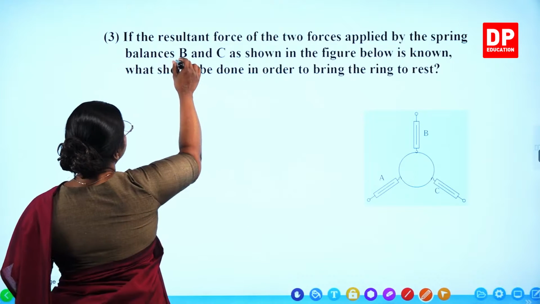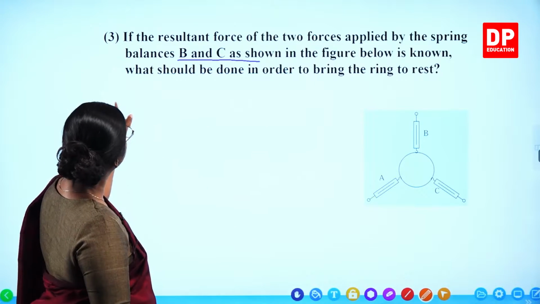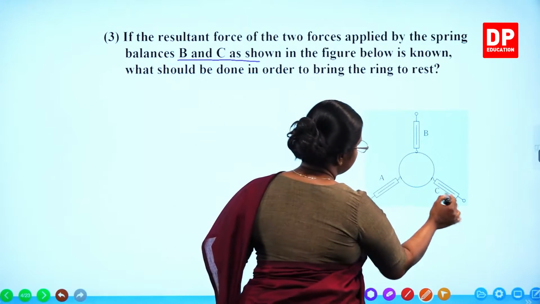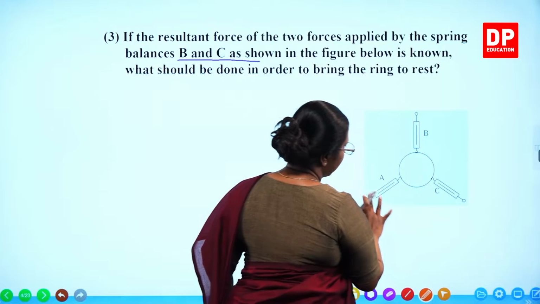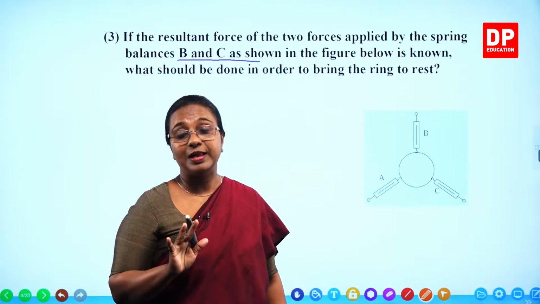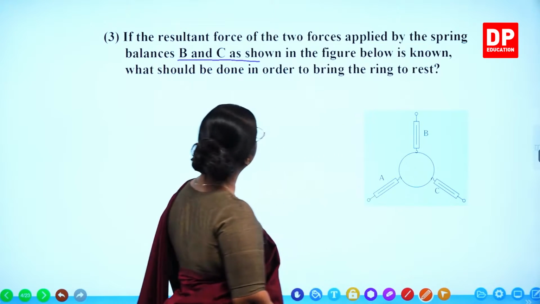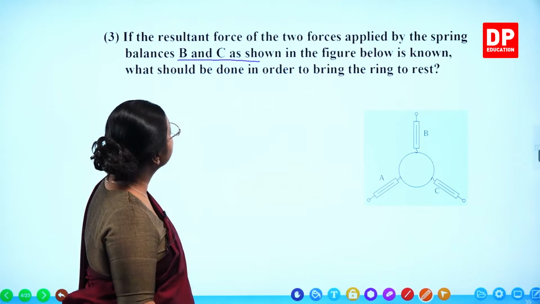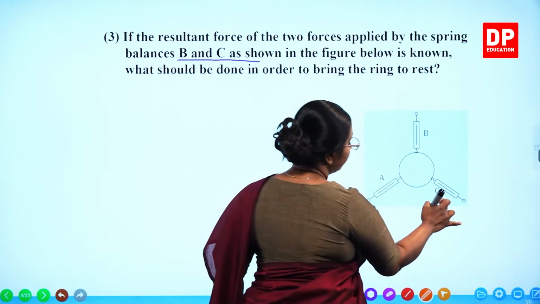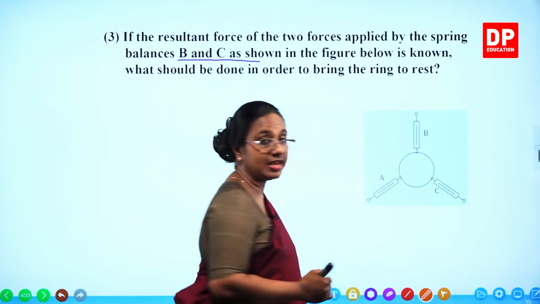The resultant forces of the two forces applied by the spring balances B and C. So here B and C are two forces. They are going to be on the same plane. Are they parallel? No. They are non-parallel coplanar forces. So if the resultant of the two forces is known, what should be done in order to bring the ring to rest? If it was only these two forces, you all know the ring will move in a direction like this.